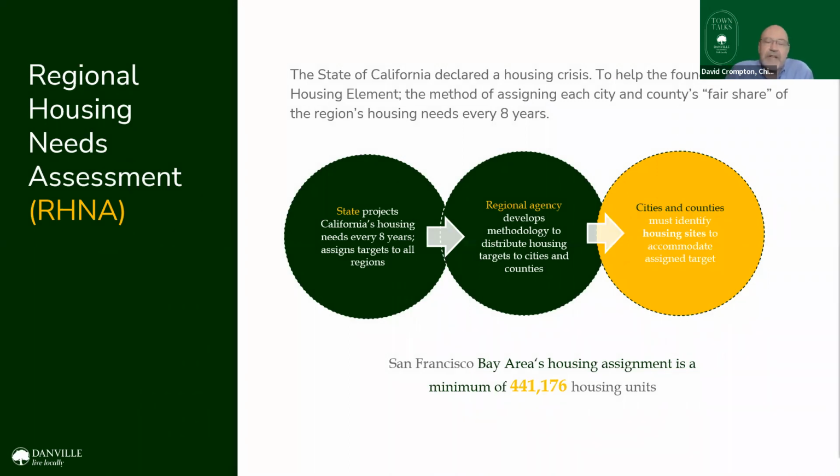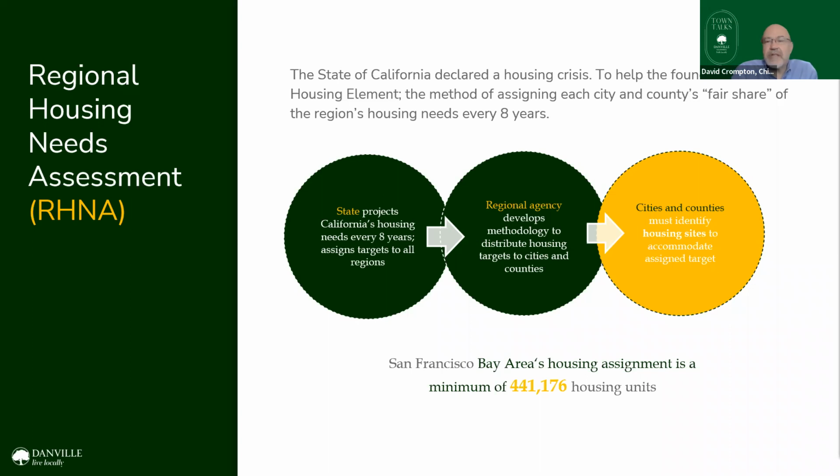The state of California does population and housing projections for the next 8 years. And then they give those housing projections to the different COGs, or councils of government, around the different regions of California. Of course, ours here in the Bay Area is ABAG. And it's up to ABAG or the other regional governments to come up with a methodology for how to distribute the housing units given by the state to all of the cities and counties in that region.